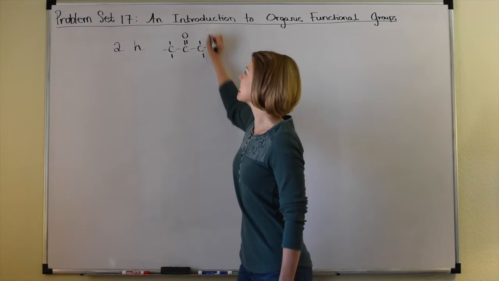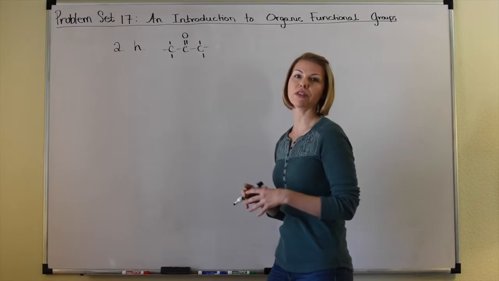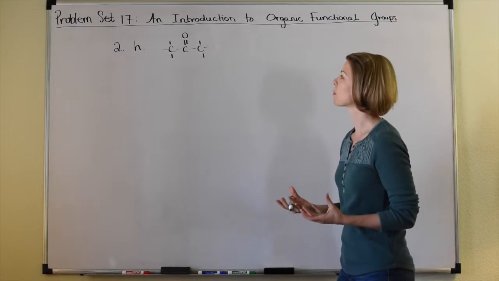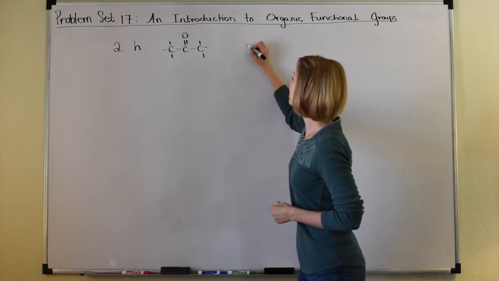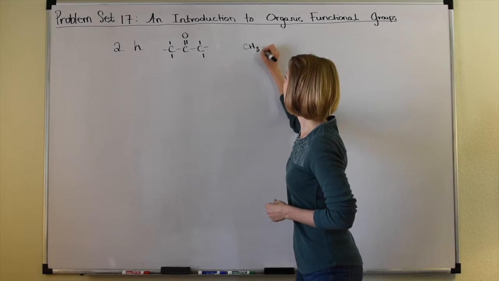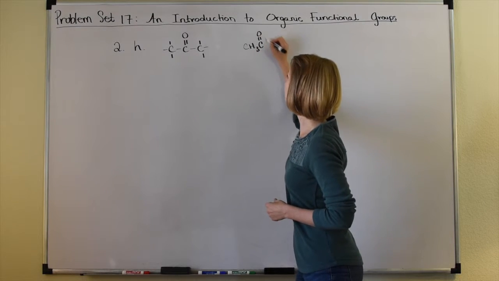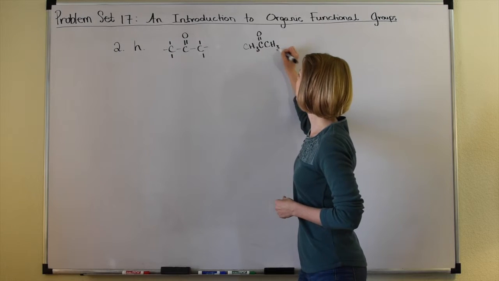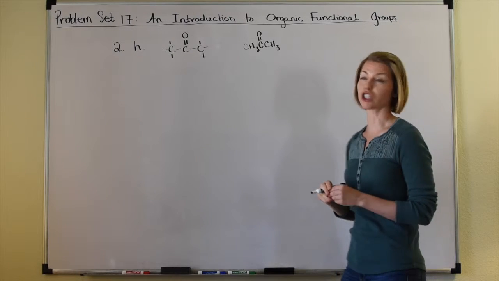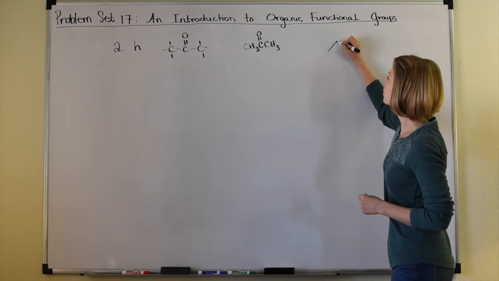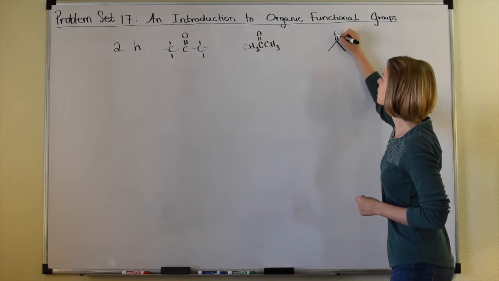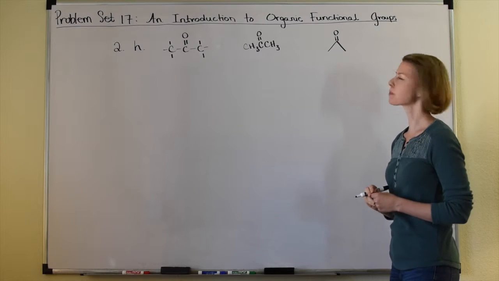Okay, so you can see the acetyl group. Remember, that's where the name comes from. So in a condensed formula, CH3, carbonyl, CH3, and in a line structure, 1, 2, 3, carbonyl in the middle.